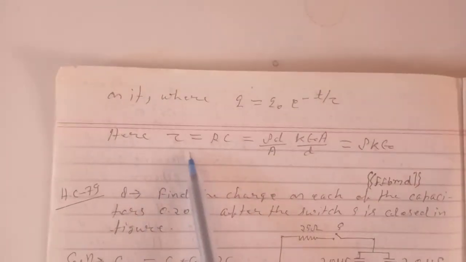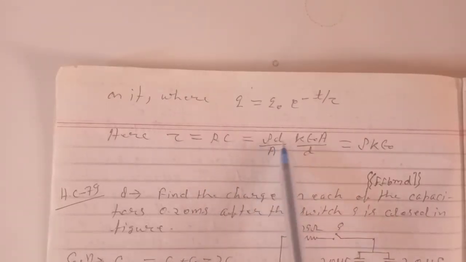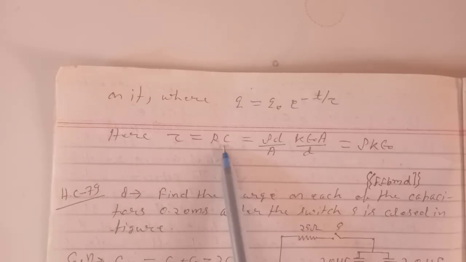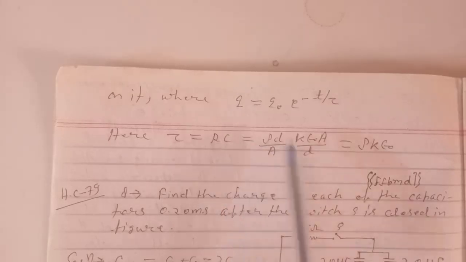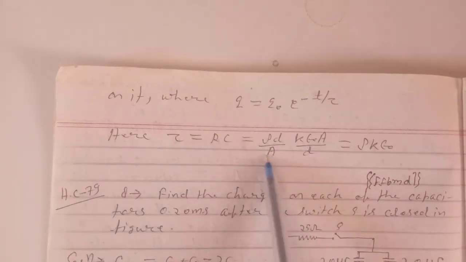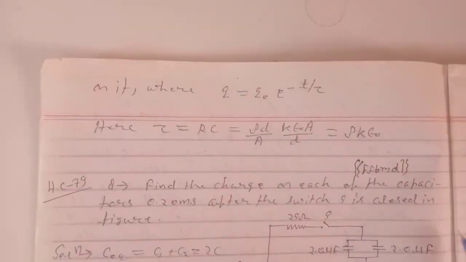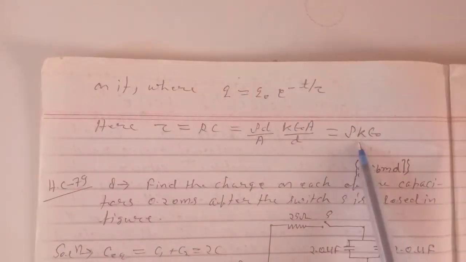Here tau equals R into C, where R is rho D by A, and the capacitance of the capacitor, because it is dielectric filled, is K epsilon naught A by D. Now A will cancel, D will cancel, so the time constant here is rho K epsilon naught.